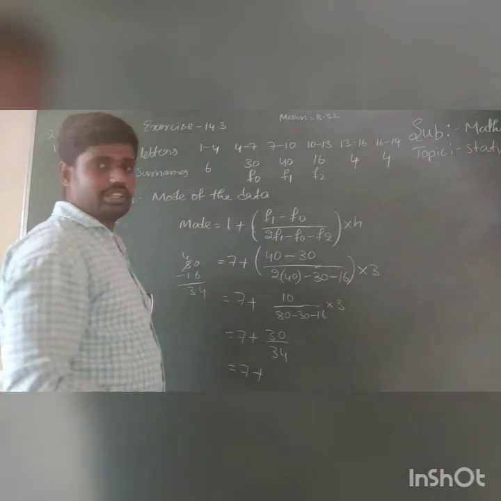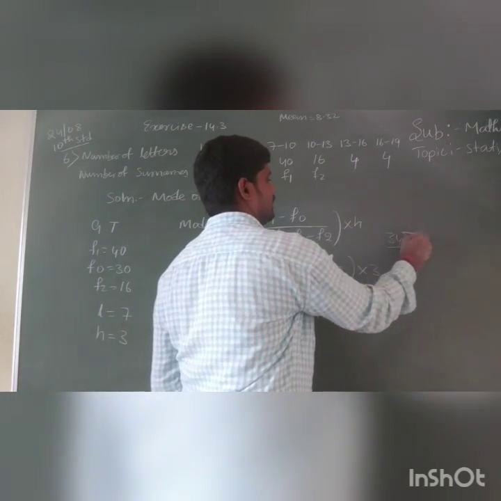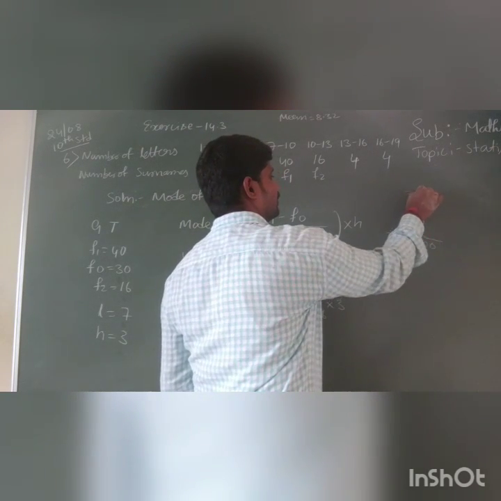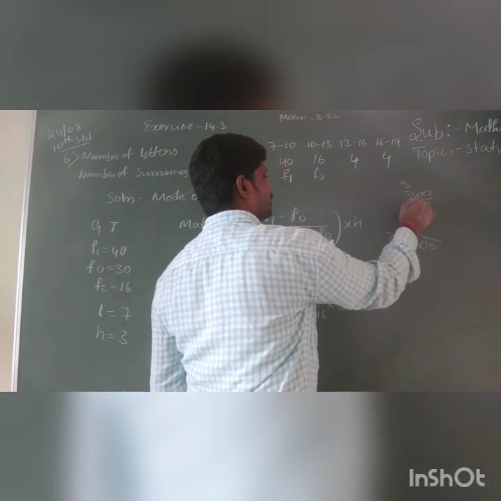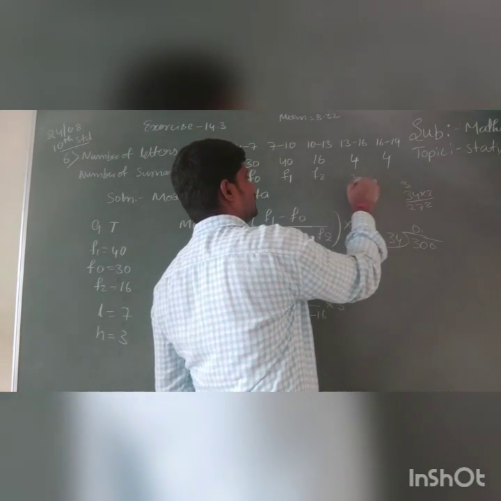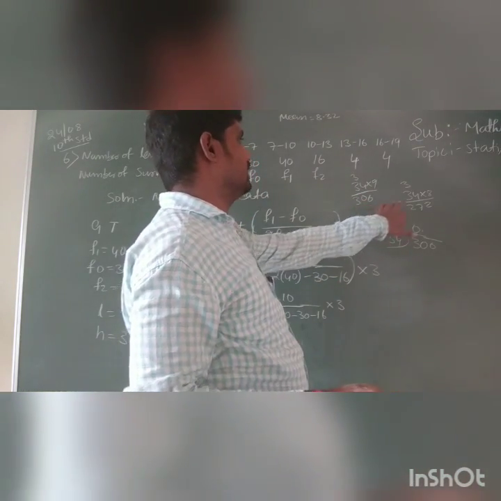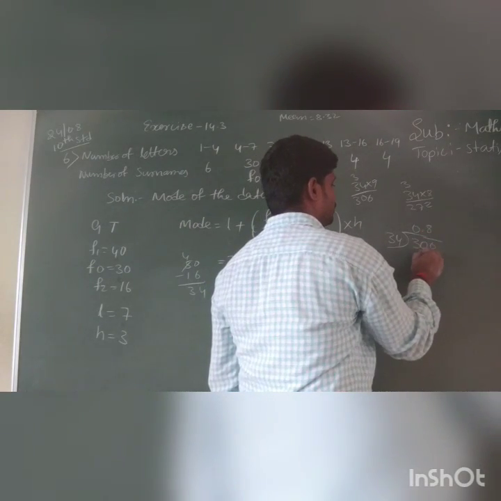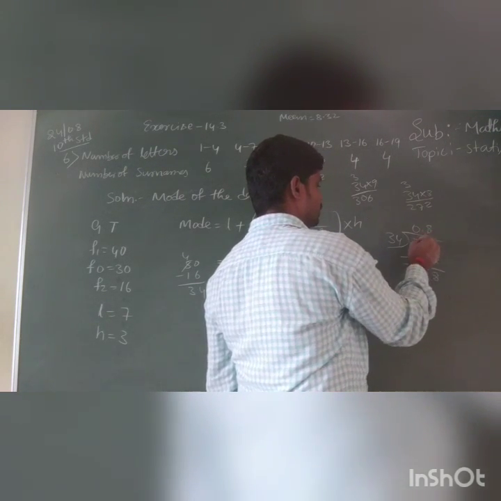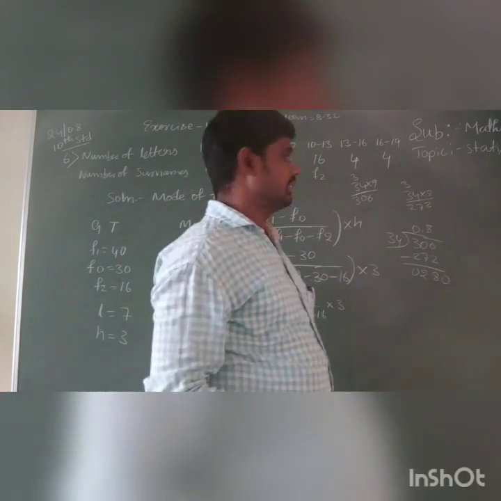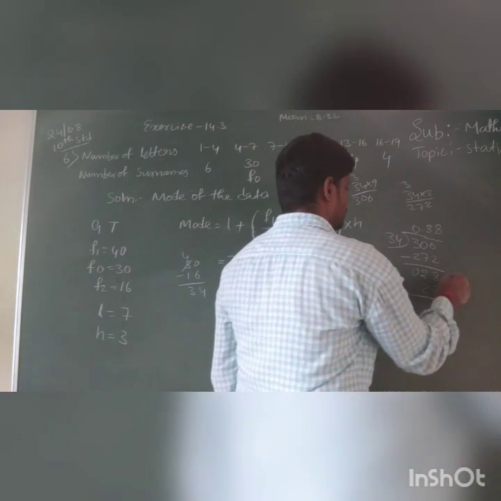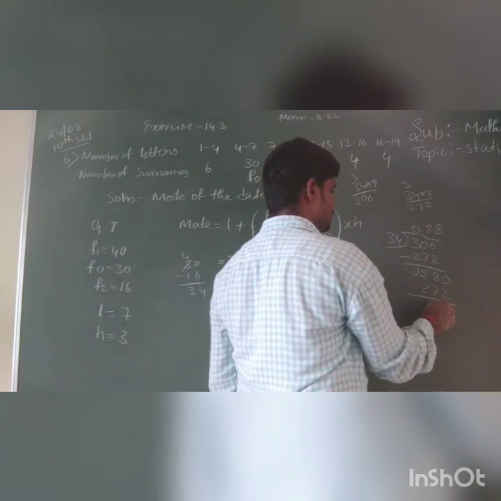7 write as it is. Now 34 divided into 30. Put the decimal point, 0.34 and it will become 300. 34 into 8 is 272, subtract, remainder 28. Take 0 again, 280, again 8 times 34 is 272, subtract, remainder 8.